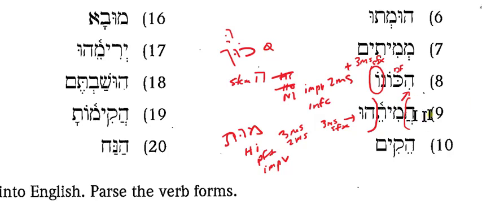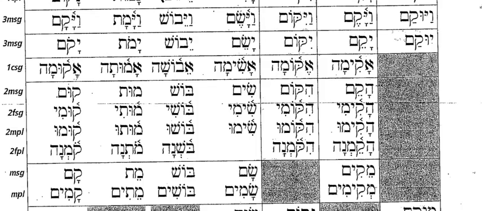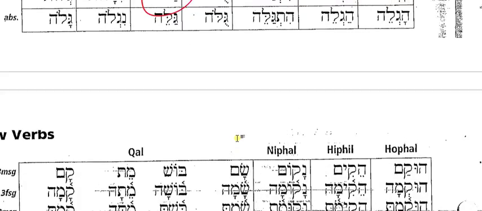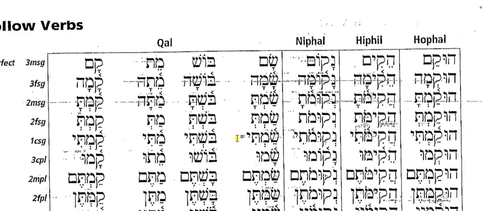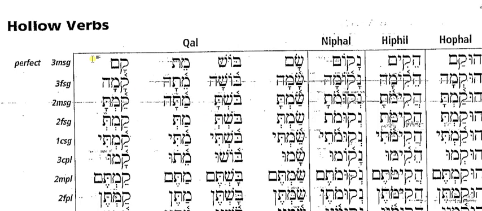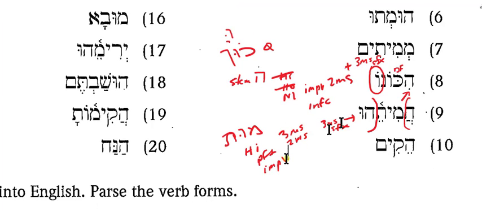Well, what I was just on was the weak verb paradigms at the end of the Ross textbook. He has a page devoted to the hollow verbs. Okay, but I'm serious. You guys have the answer key? What's the answer?